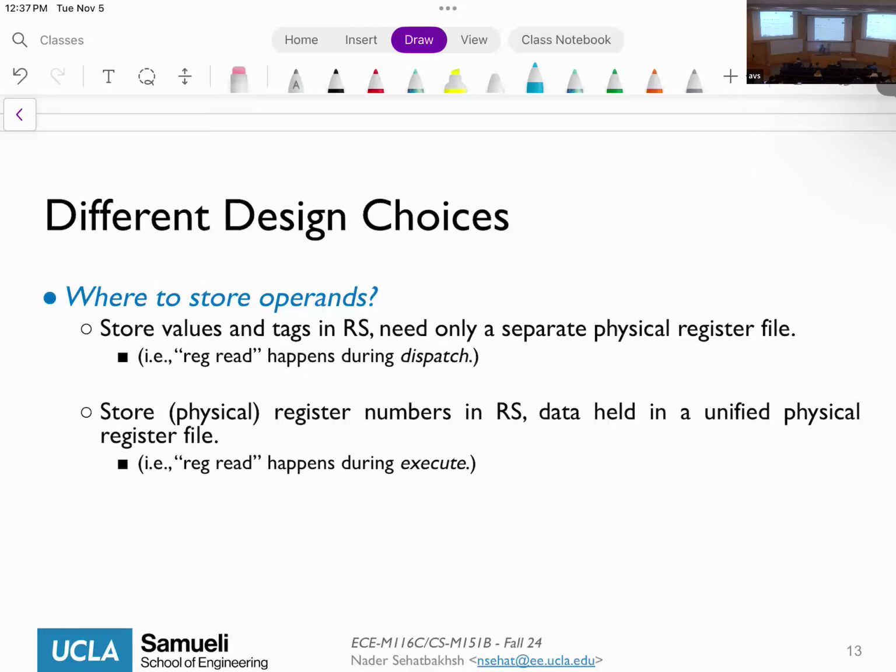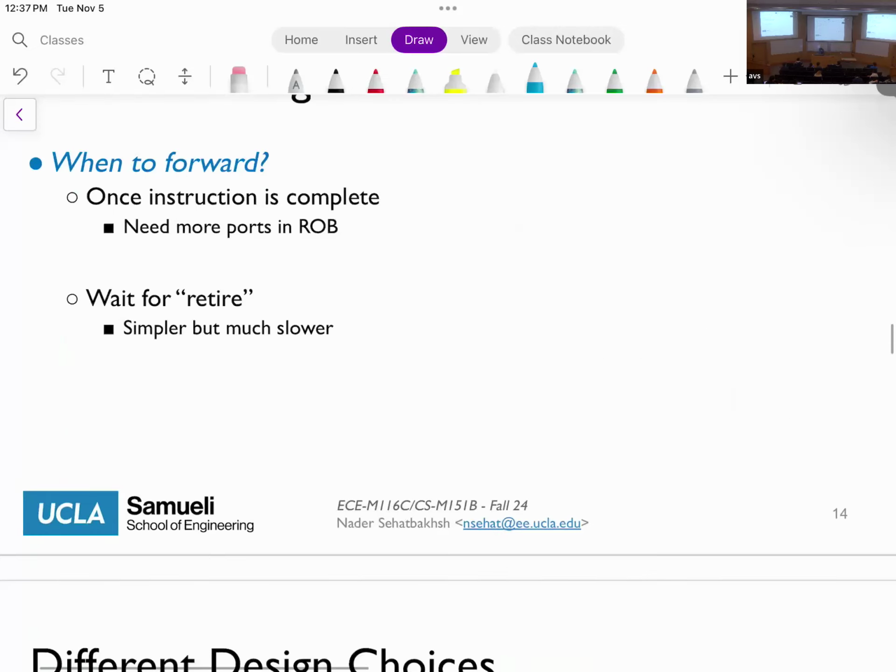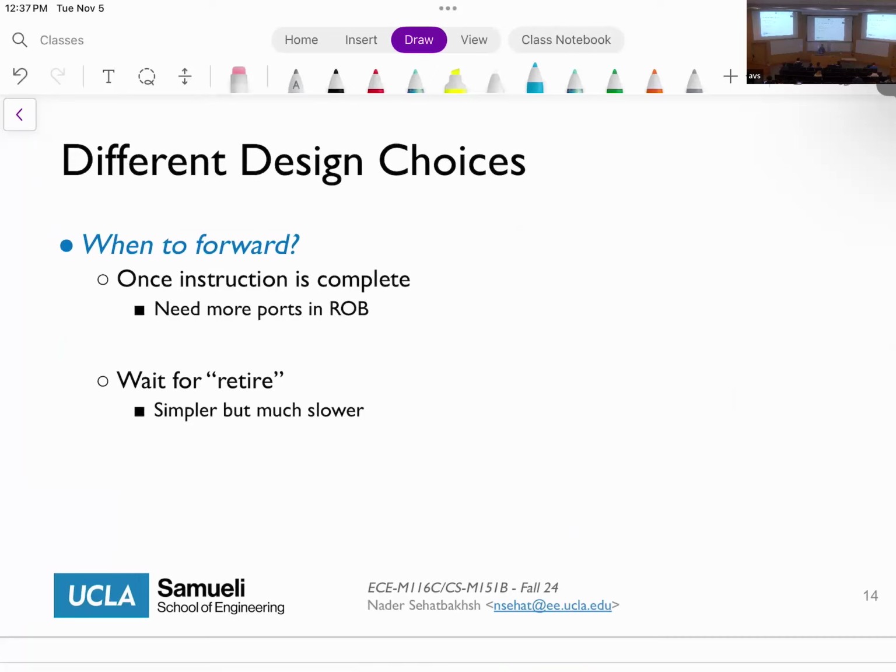So sorry, the first case is that I don't read the values from the reservation station, and that's what we covered in the class. But the other option would be that not only do I store the tags, I also store the values with it, which means that I have bigger reservation stations, okay? And then that means that when we forward, we can forward from the complete stage to the register file directly.